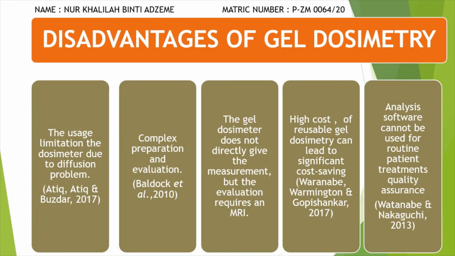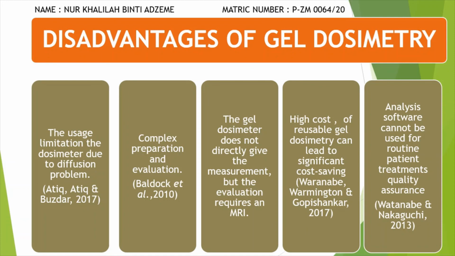Furthermore, the gel dosimetry has a high cost, which the total cost of the gel dosimetry system in the 5 year for the regular patient-specific IMRT or VMAT quality assurance is 13,000. Meanwhile, the cost of the R-check system is only 5,000.